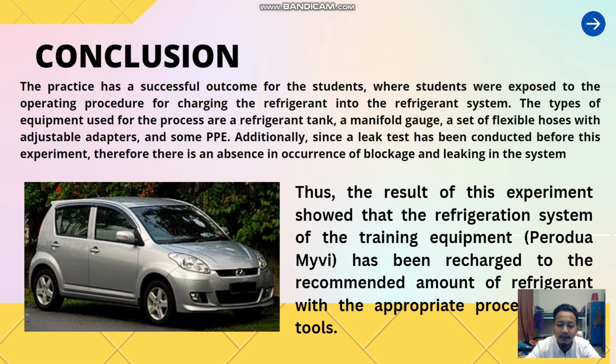Thus, the result of this experiment shows that the refrigerant system of the training equipment, which is the Produa MyVi, has been recharged to the recommended amount of refrigerant with the appropriate procedure and tools.